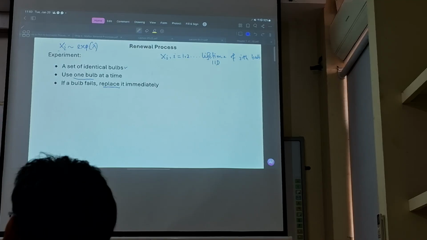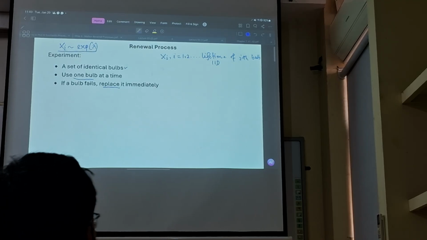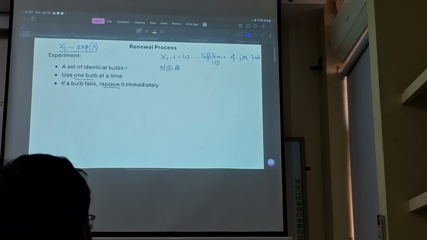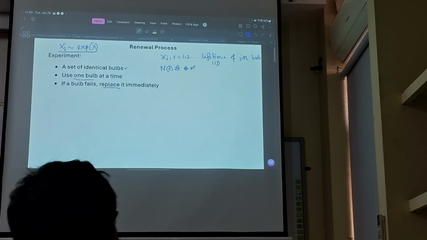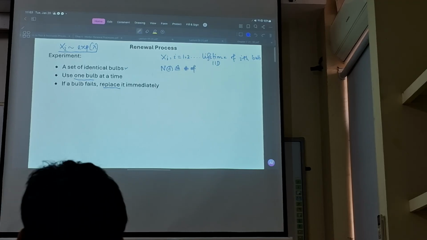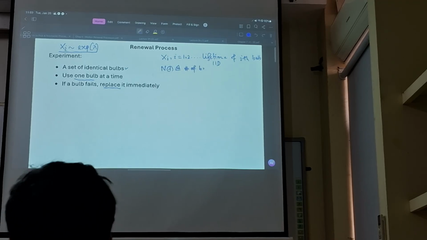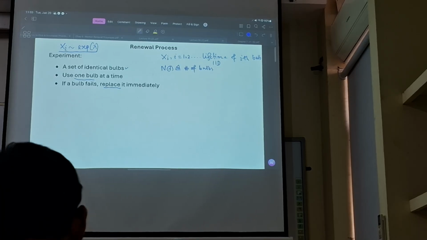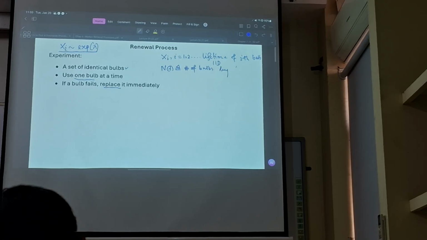When Xi's are exponentially distributed, let's say we have a variable that counts the number of bulbs that we use by time t.